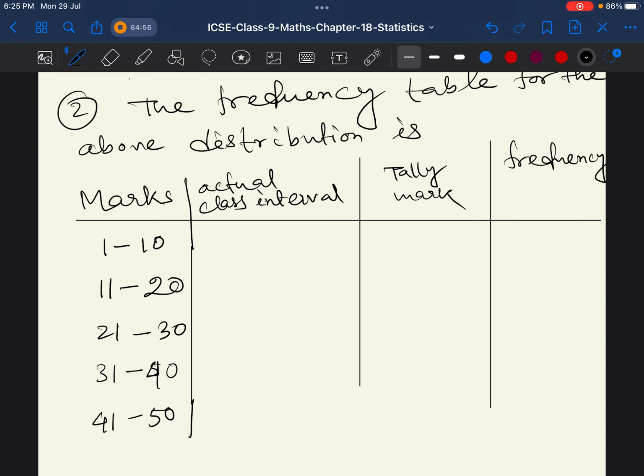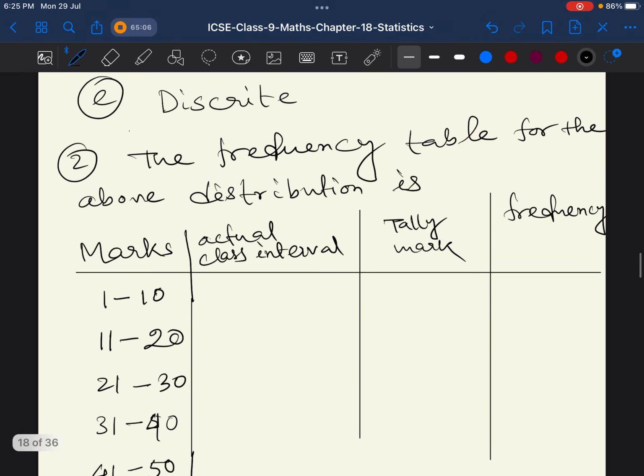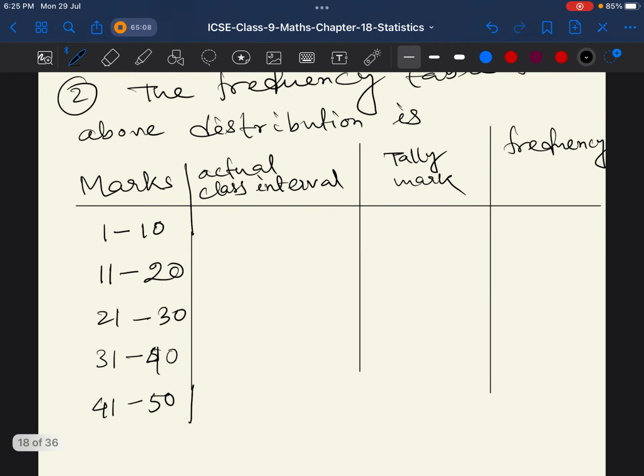These are the marks obtained by 30 students, out of 50. This is the class interval, and after adjustment the actual class interval will be, we subtract 0.5 from 1.